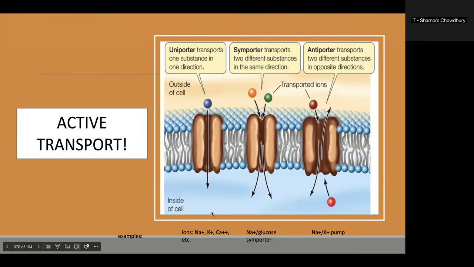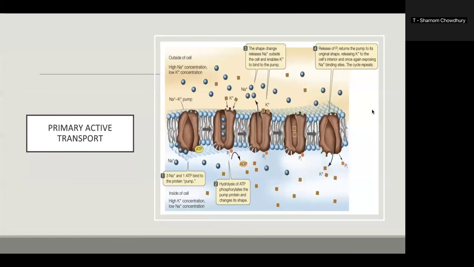Once again, for uniporter and symporter, only in one direction. An antiporter can transport two different substances in opposite directions, one solute into the cell and one solute out of the cell. A common example is the sodium potassium pump, which I'll go over right now.